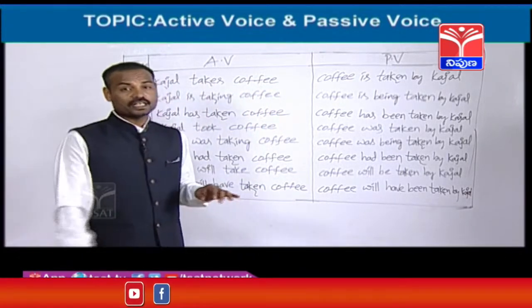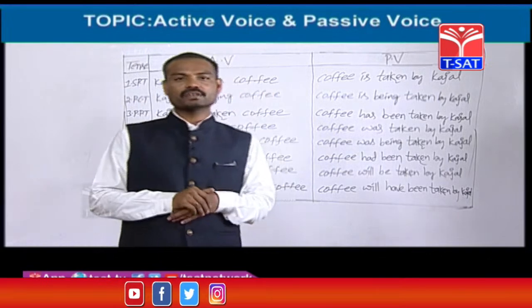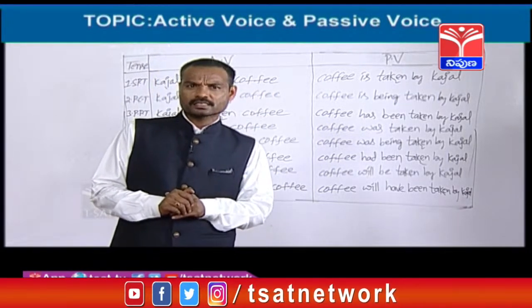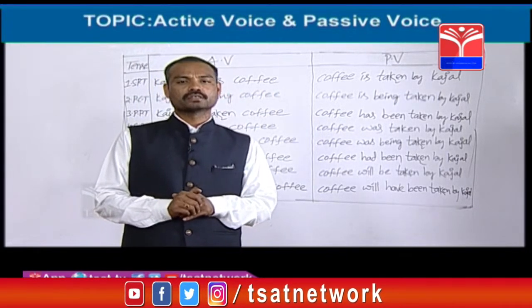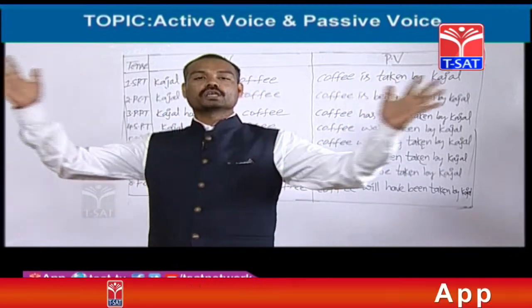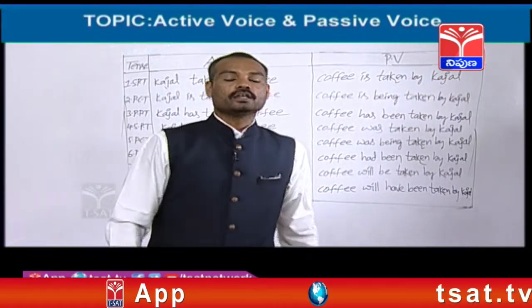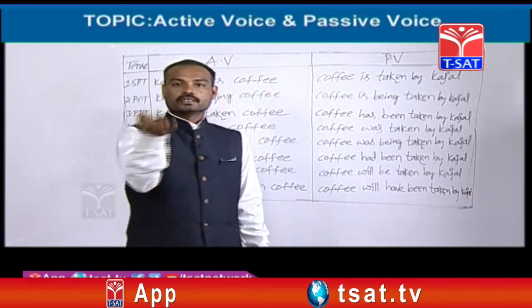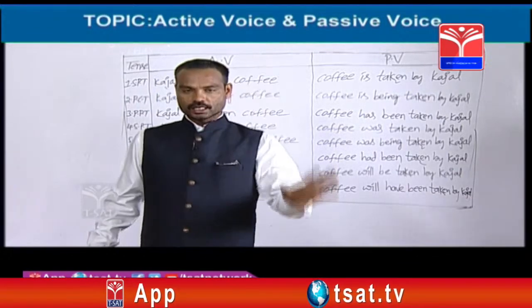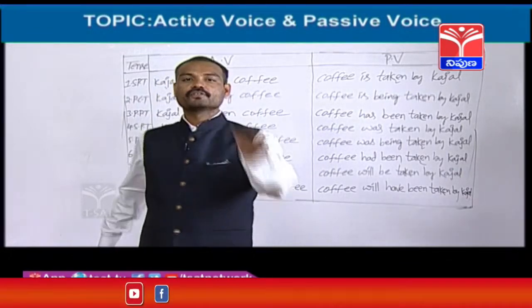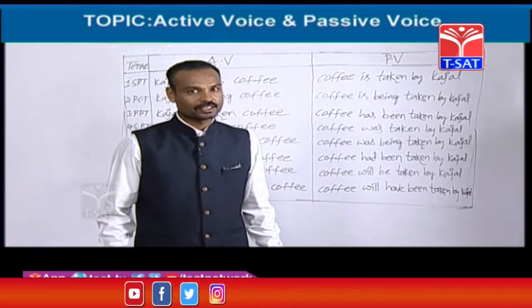Next, past perfect continuous. Can we find out any passive voice for past perfect continuous? There is no passive voice. So that's it. Let's enter future. In future, there are four: simple future, future continuous, future perfect, and future perfect continuous, friends.